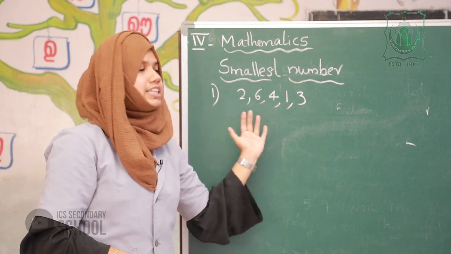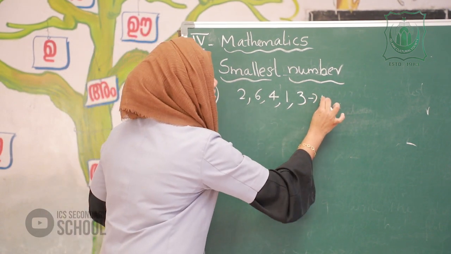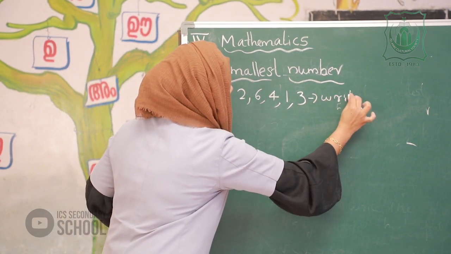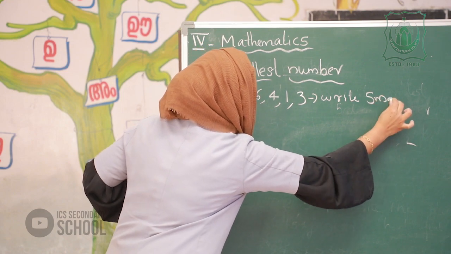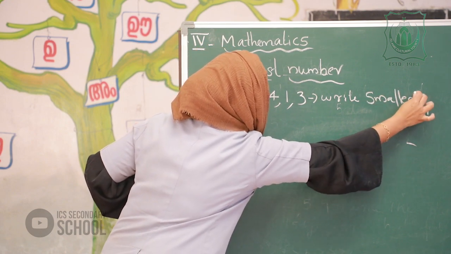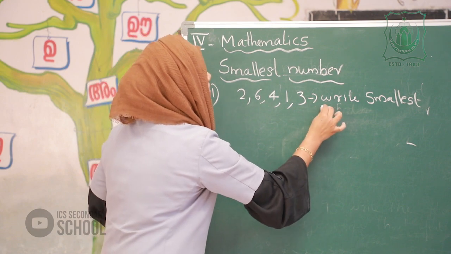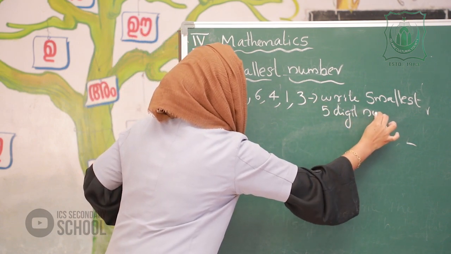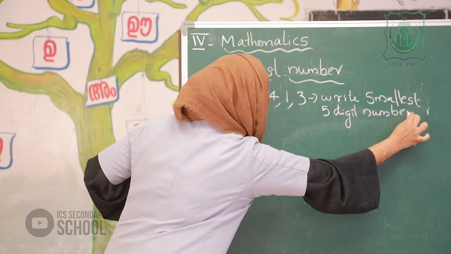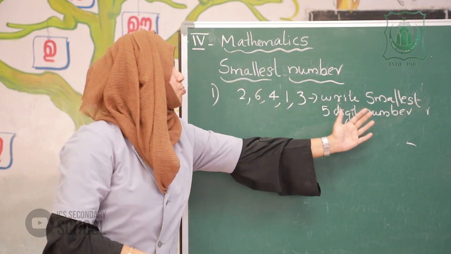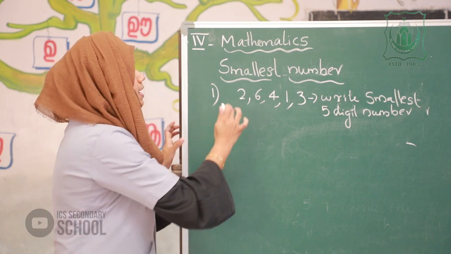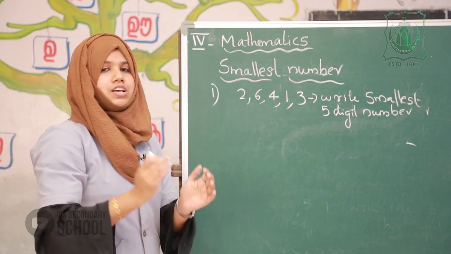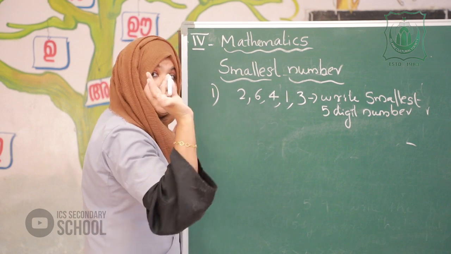Okay, this is your digit. Write the smallest 5-digit number by using these digits. So first write the smallest number.